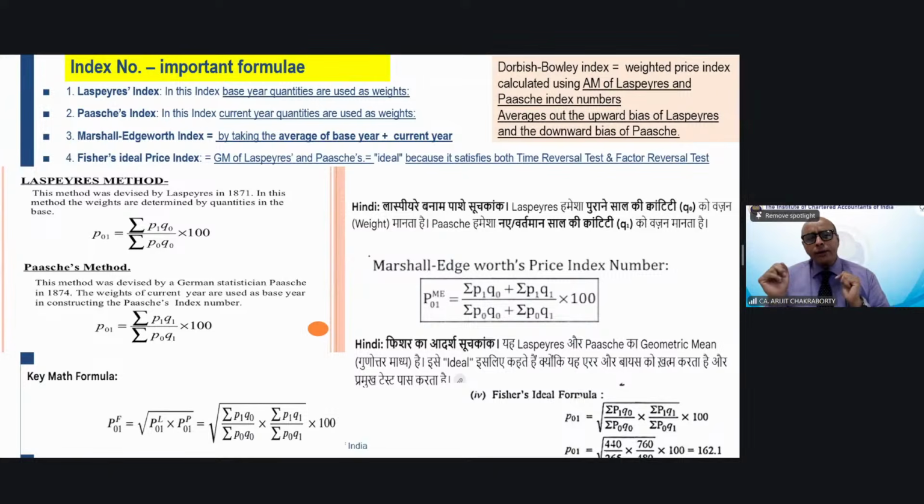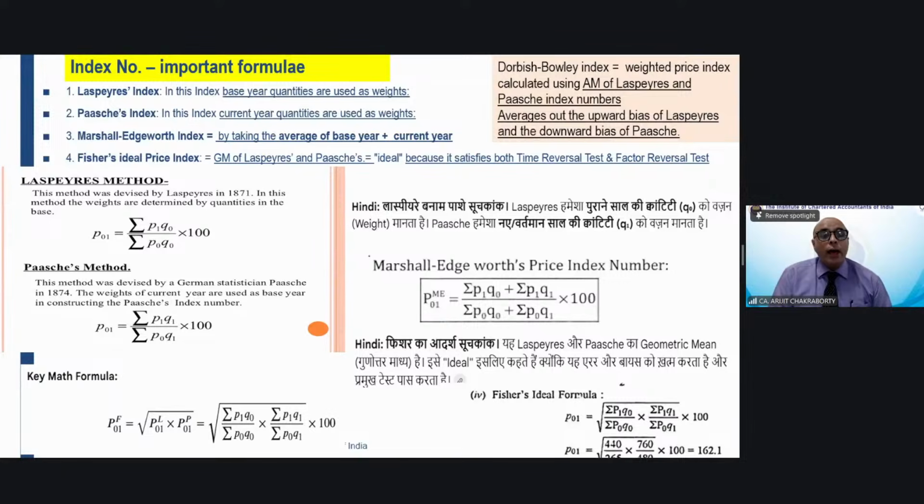So if I denote Laspeyres index as L, the letter L for Laspeyres, and if I indicate the Paasche index by the letter P for Paasche, then I can write Bowley's index is equal to L plus P divided by 2.